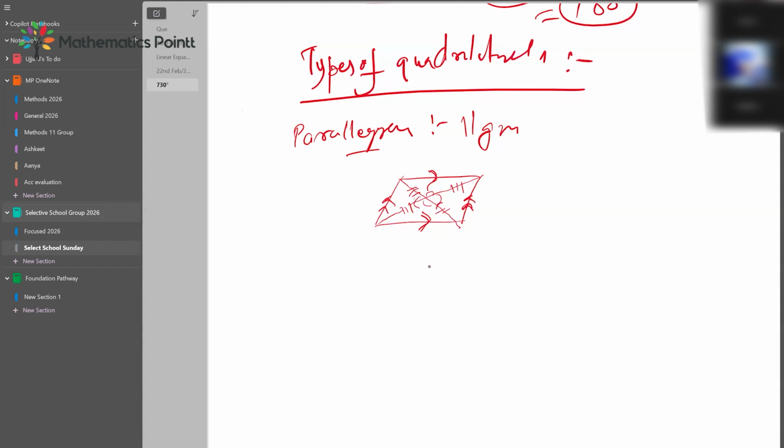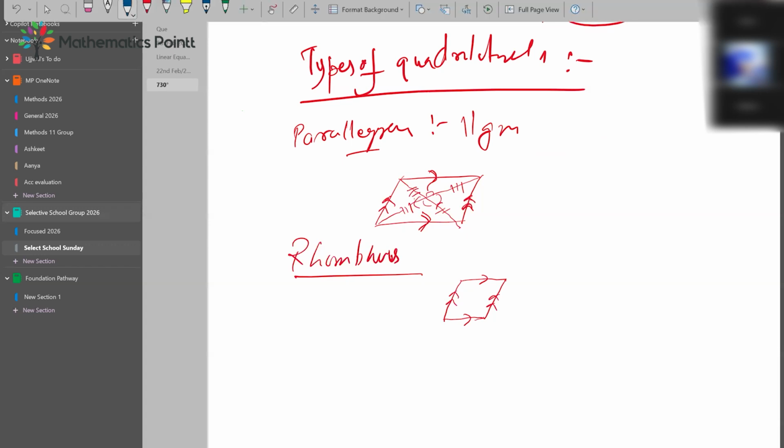Now, the next one's called rhombus. A rhombus is a parallelogram which has all four sides equal. Something like this. I also draw this along with it.